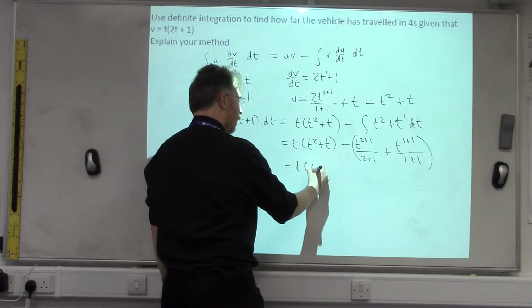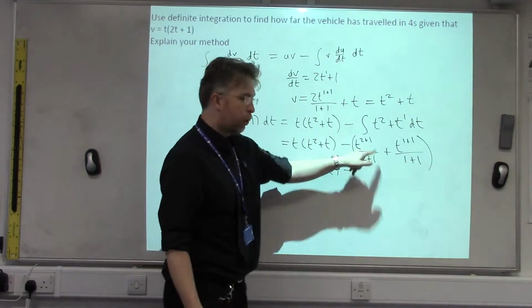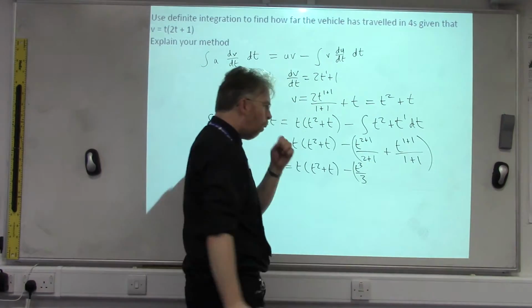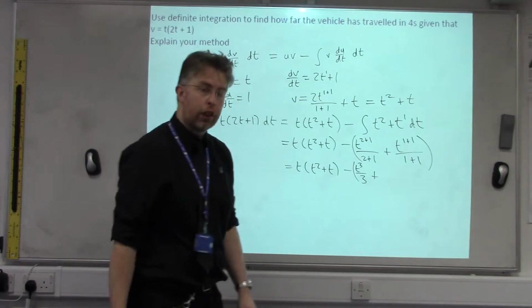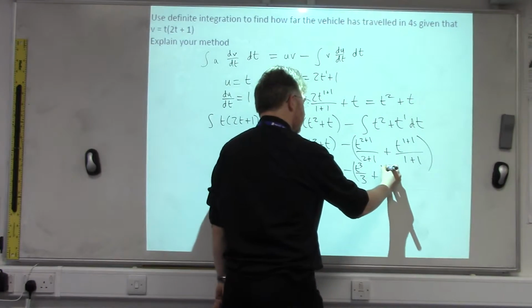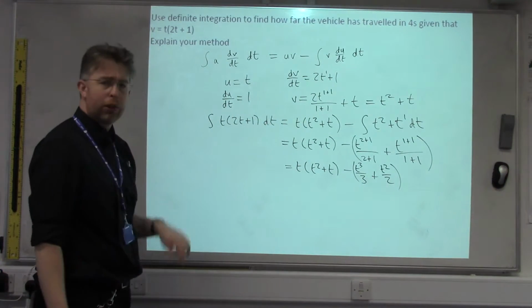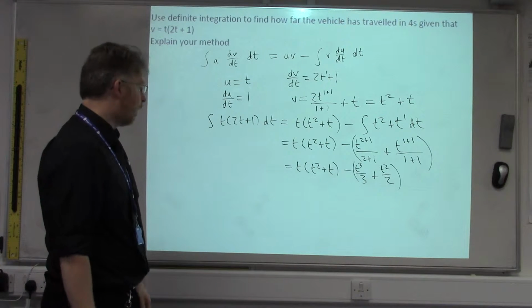Let's just tidy it up. So we've got t times (t squared plus t) minus, 2 plus 1 is 3, so t cubed over 3 plus, 1 plus 1 is 2, so t squared over 2. Now it's possible to multiply this out and simplify it, however I'm not going to do that in this case.